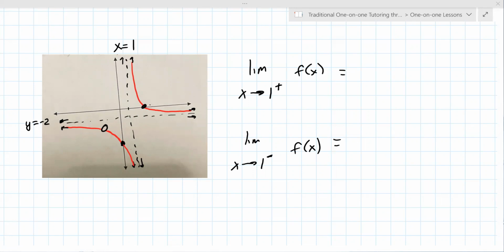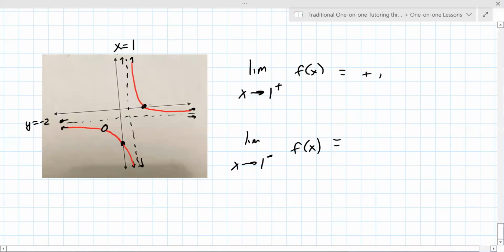Would it be infinity and negative infinity? Which one is positive infinity? The first one. Yes. Very good. Okay, good job there.